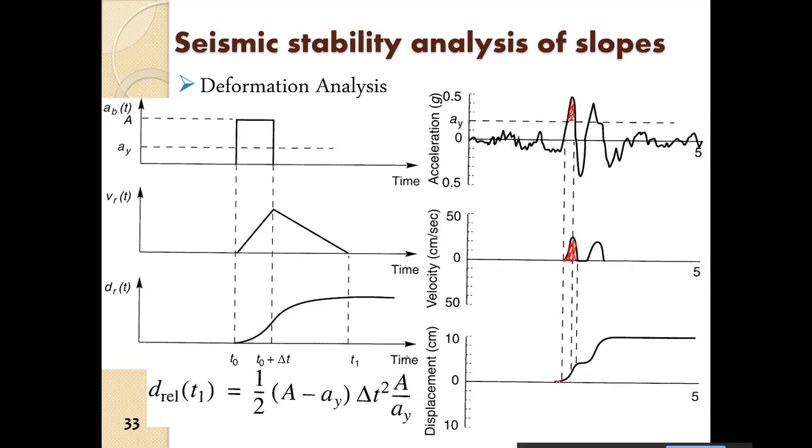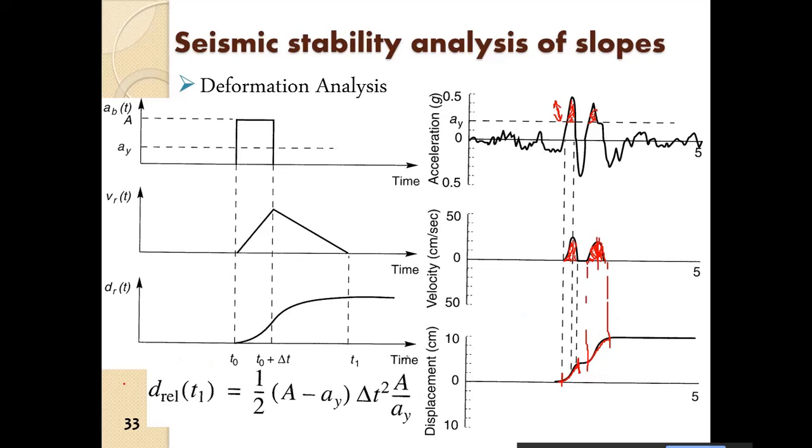So we have a total displacement of this much, the total displacement for this peak. Similarly here we have this much increment in the velocity, and then there is a reduction in the velocity.